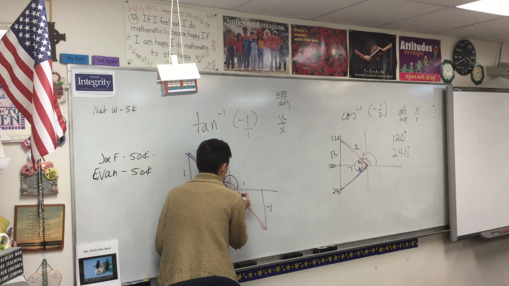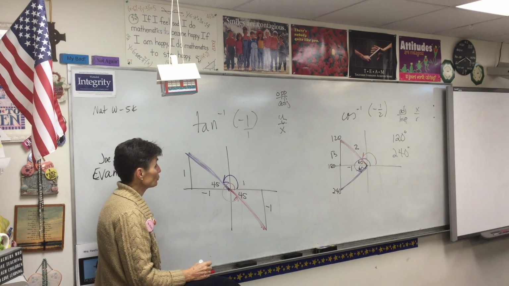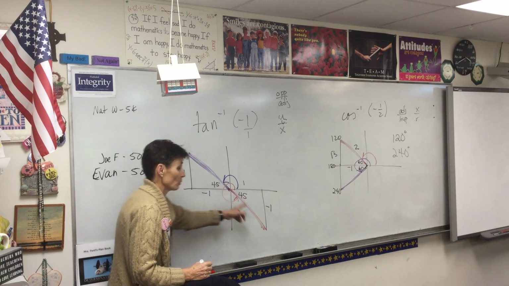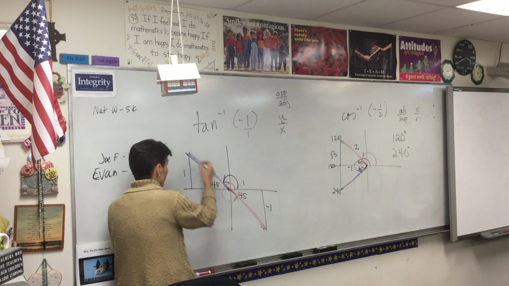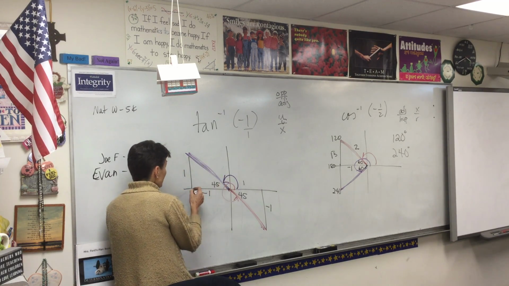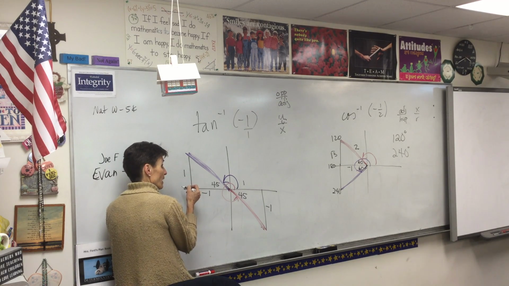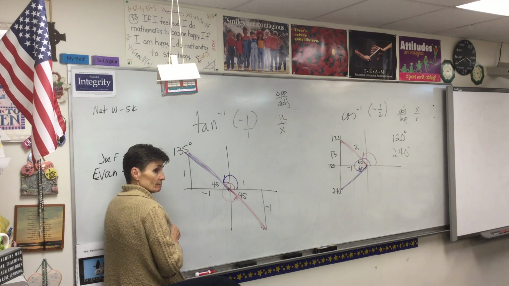So these are 45s. Mrs. Ford told you we use 180 or 360 depending on where we're at in the plane. So what is that purple one? Is it going to be 180 plus 45 or 180 minus 45? So that's 135 degrees.